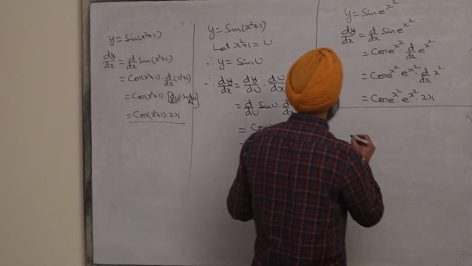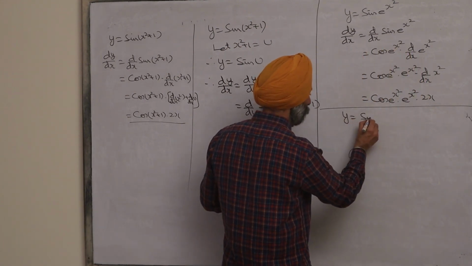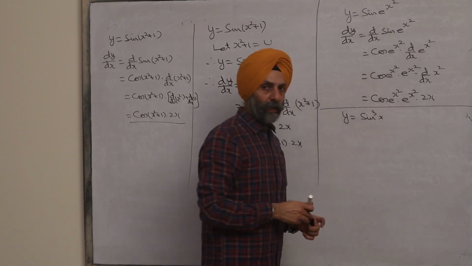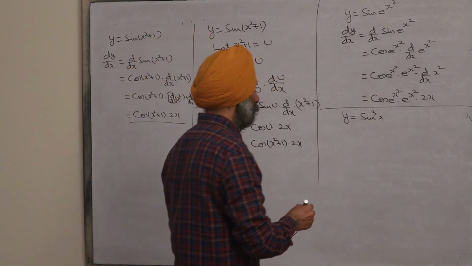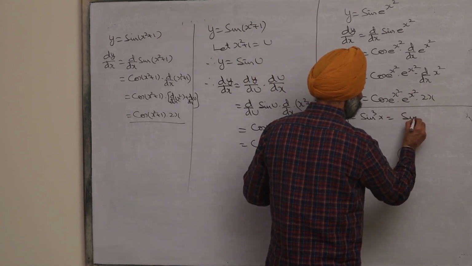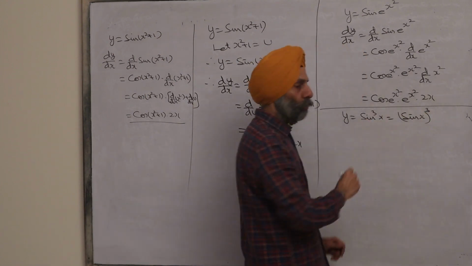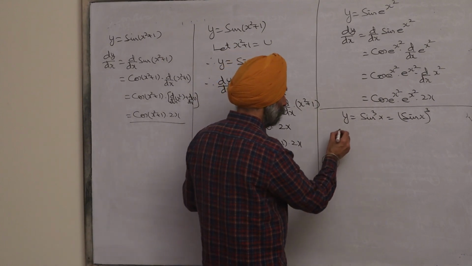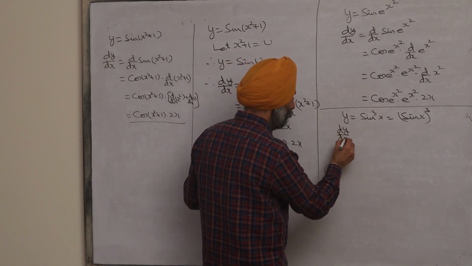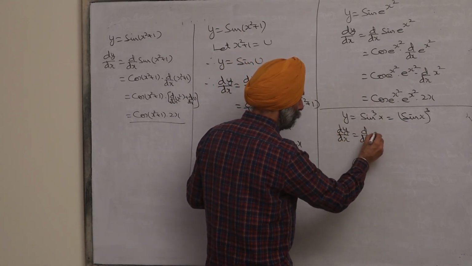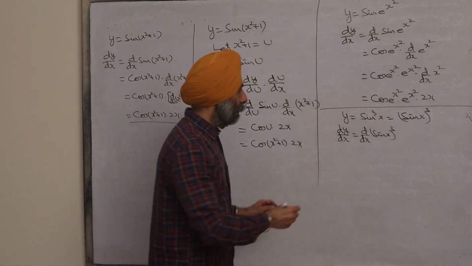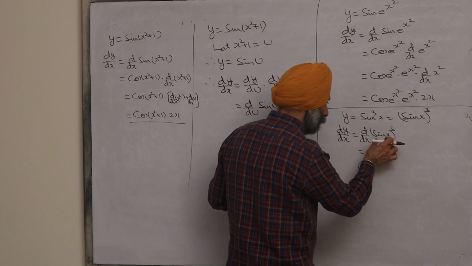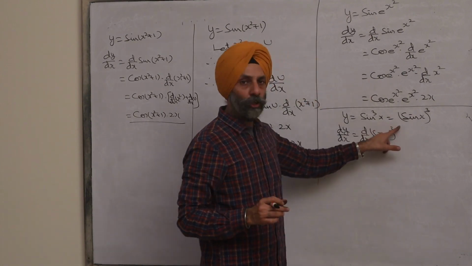So this is the answer here, right? Now next, for example, we want to differentiate y is equal to sine cube x. It is not sine x, it can also be written as sine of x and its whole cube. So how to differentiate this? dy over dx is equal to d over dx of sine x and its whole cube. It is of the form x raised to power n.